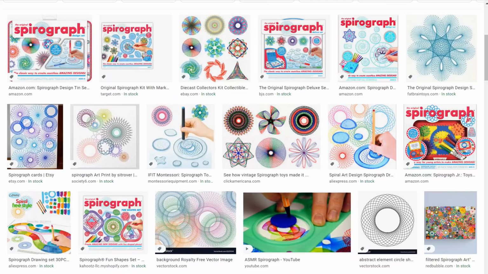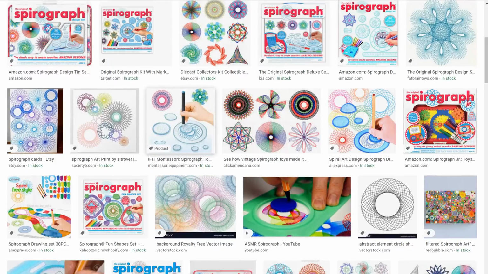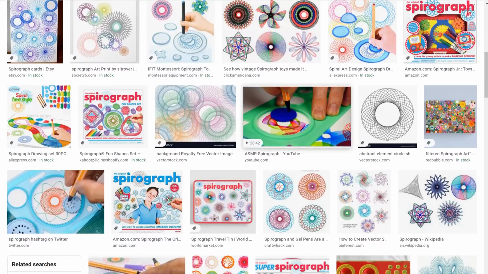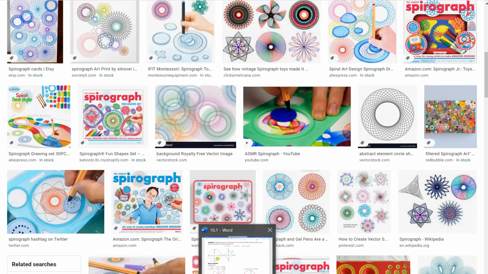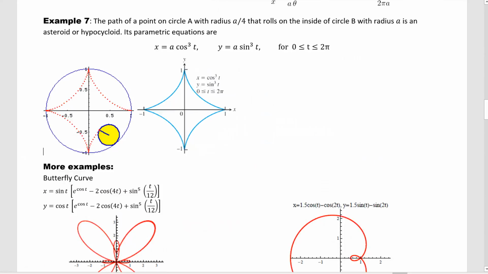Have you played with some spiral graph toys, where you have a bigger circle and a small circle, and you go around, and it generates so many beautiful shapes? If this reminds you of what you did before, it's amazing. This picture is one of them.